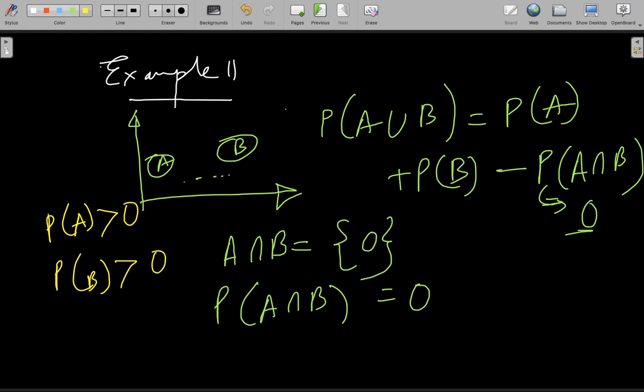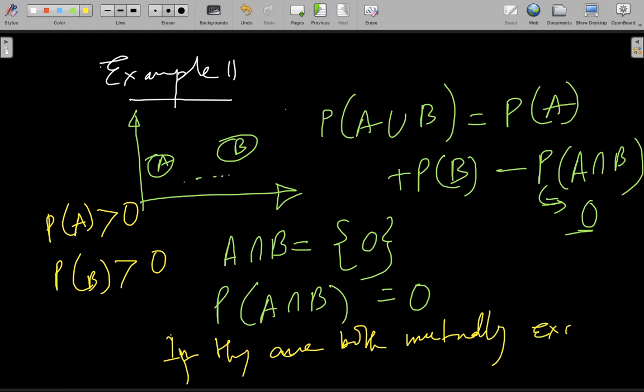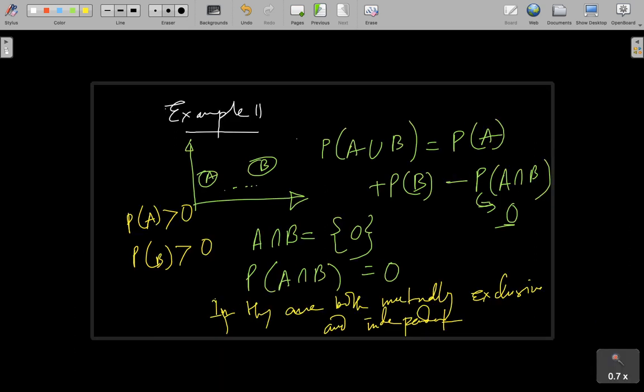Now, if two events are both mutually exclusive as well as independent, then the probability of A intersection B has to be the probability of A times the probability of B, because that is the rule of independence.